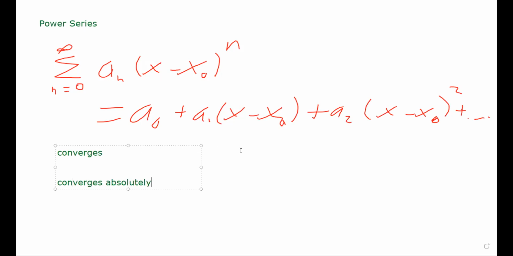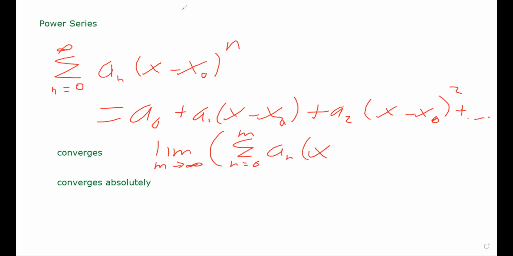absolutely. Now, whenever we say converges, we're going to do the limit as m goes to infinity of the summation from n equals 0 up to m of a sub n times x minus x naught to the n power.